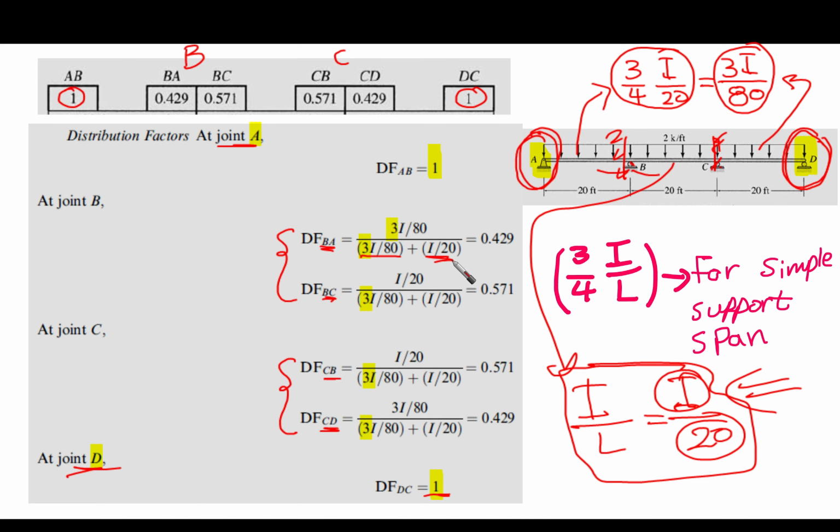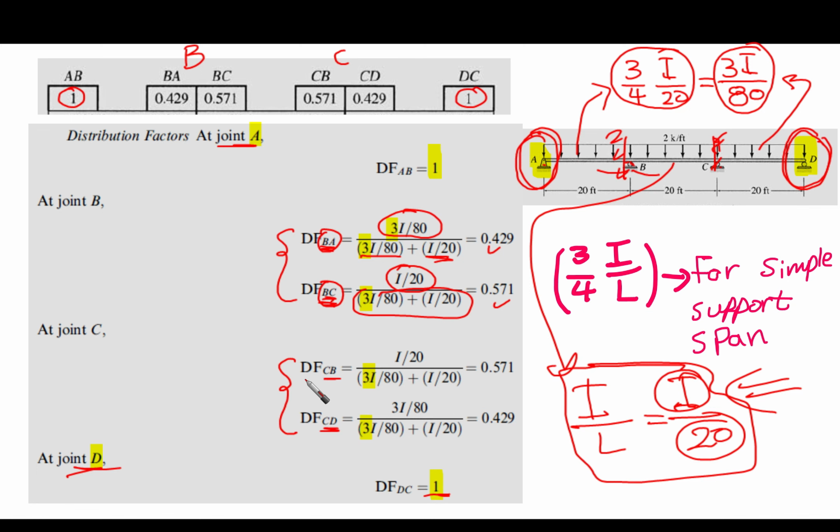The same denominator is used for both distribution factors. For dfBC, the numerator is I over 20 because we are talking about BC, but for BA, it is 3I over 80. And we can obtain the distribution factor easily.